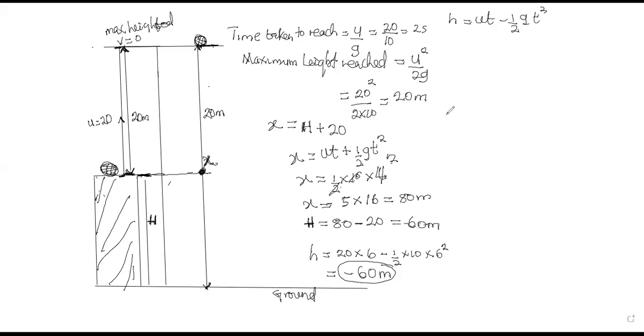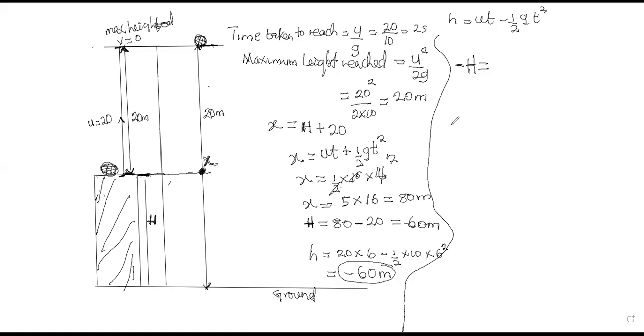So, another unconventional method of solving this same thing is that if the height of the tower is h, you make h negative, because the throw never started from the ground. It was started from h height above the ground.